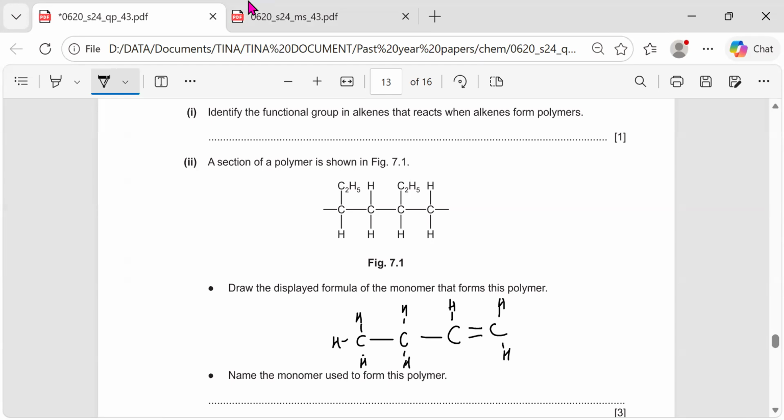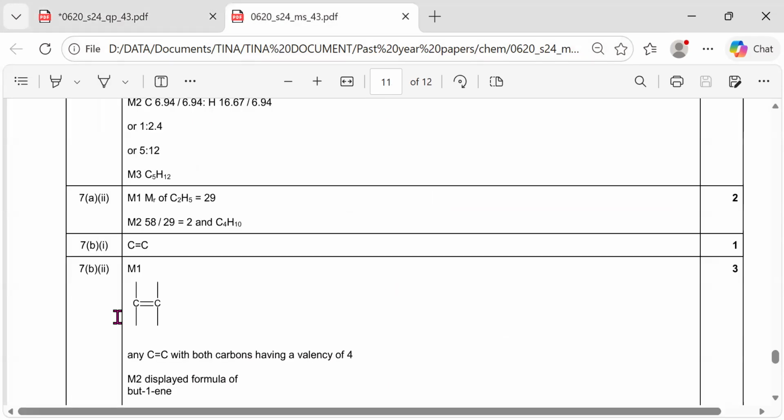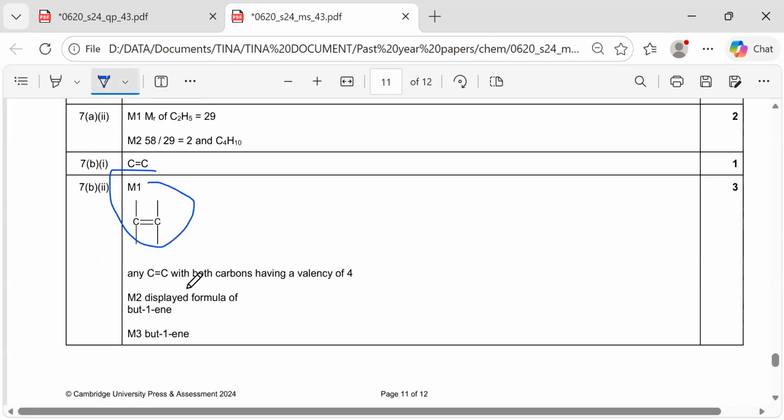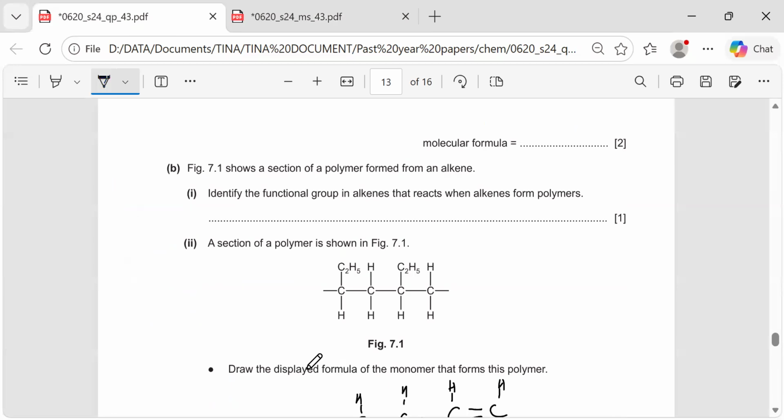The first mark is for this. I put a double bond between carbon and carbon. Functional group is something you actually have to draw. You have to write it out.